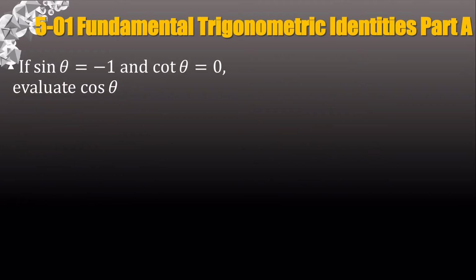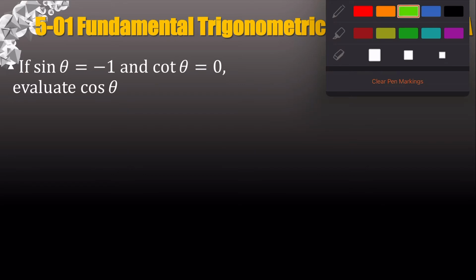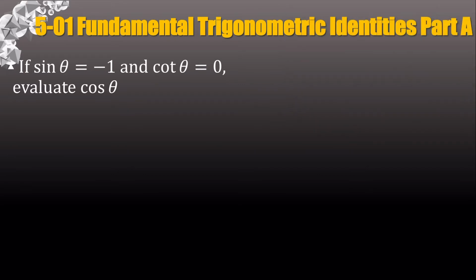Alright, so let's use some of these. If sine of theta is negative 1 and cotangent of theta is 0, evaluate cosine. Well, we know we have cotangent and sine, and we want cosine.